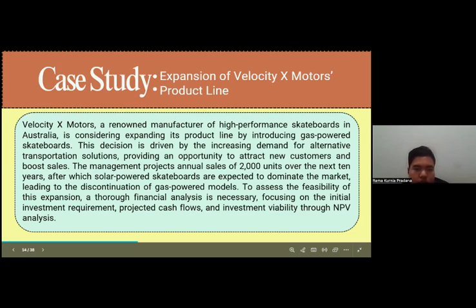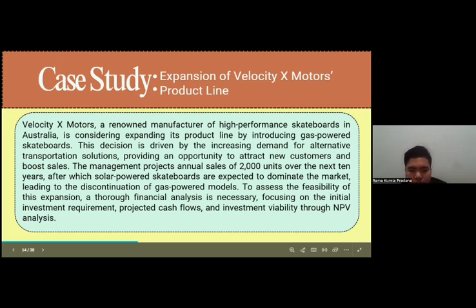This decision is driven by the increasing demand for alternative transportation solutions, providing an opportunity to attract new customers and boost sales. The management projects annual sales of 2,000 units over the next 10 years, after which solar-powered skateboards are expected to dominate the market, leading to the discontinuation of the gas-powered model.